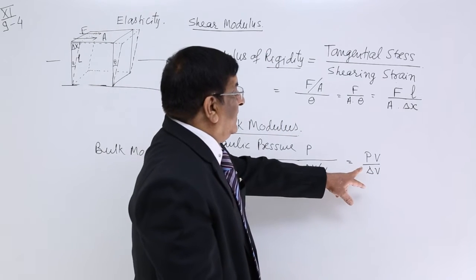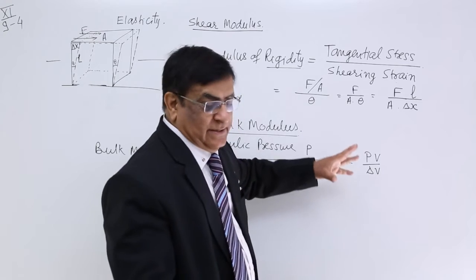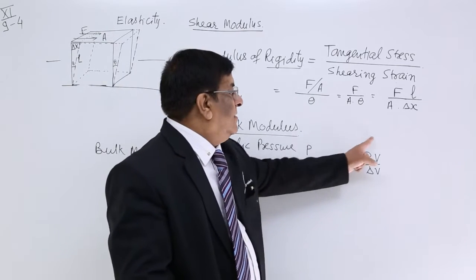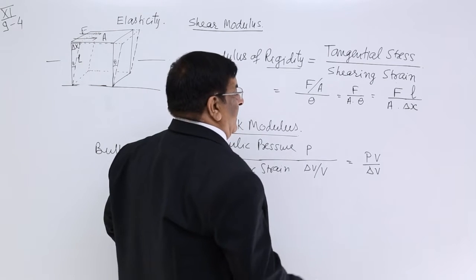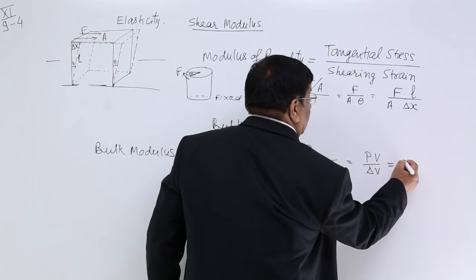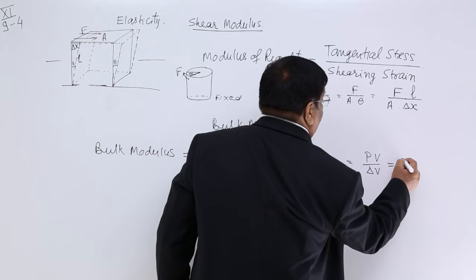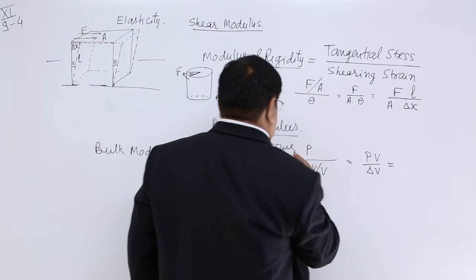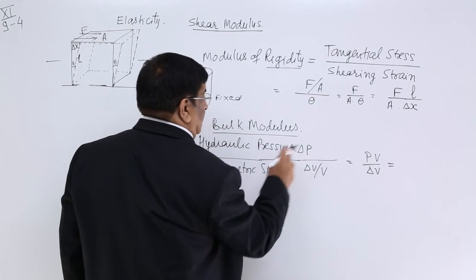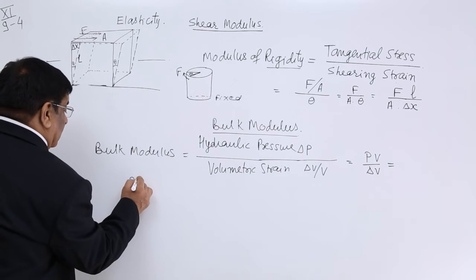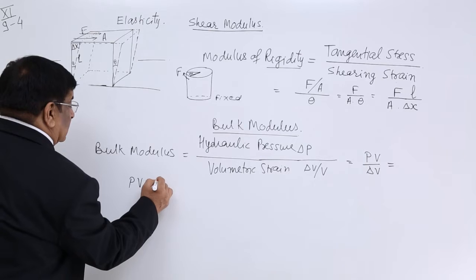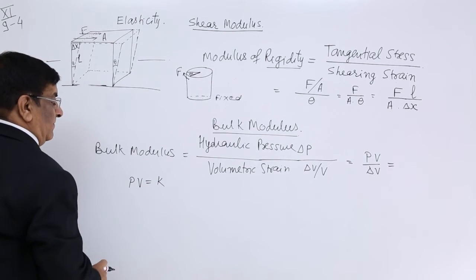We can say it is equal to PV upon delta V. This was later derived and after derivation it came to be change in pressure. We will do it here. We know one equation, that P into V is a constant, Boyle's law.